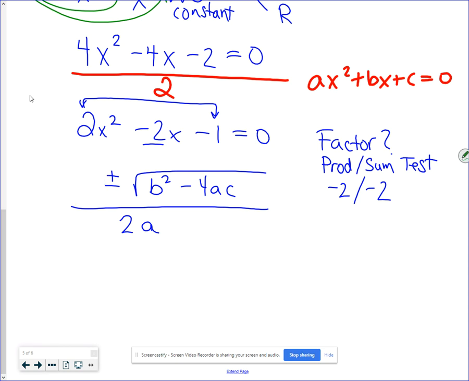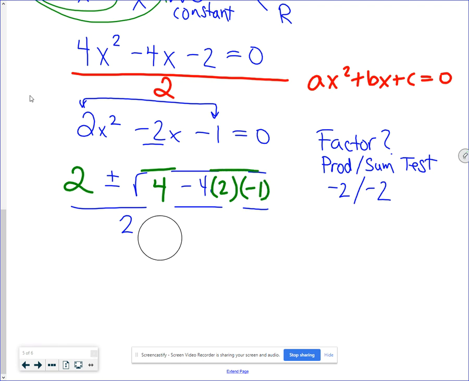The opposite of -2 is going to be +2. Then we got b squared. So -2 squared is 4, right? So we'll put a 4 here. And it's times, and then we got -4 times a times c. A is 2. C is -1. And this is all over 2 times a. 2 times 2.